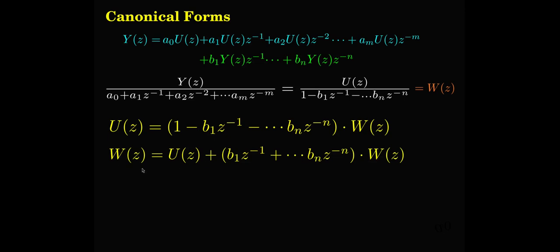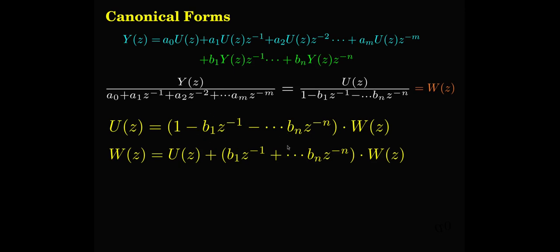If I expand this, you will see that there is a W(z) term, 1 into W(z), and minus b1 z to the power of minus 1 W(z), and so on, bn into W(z) into z to the power of minus n.